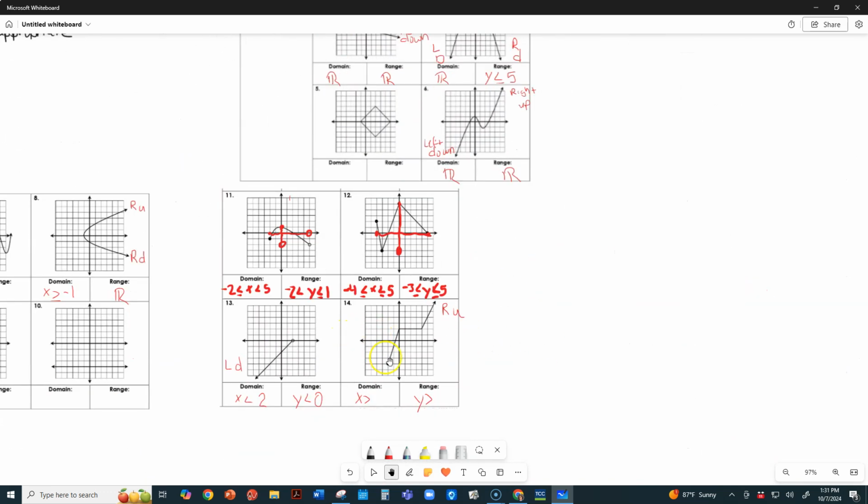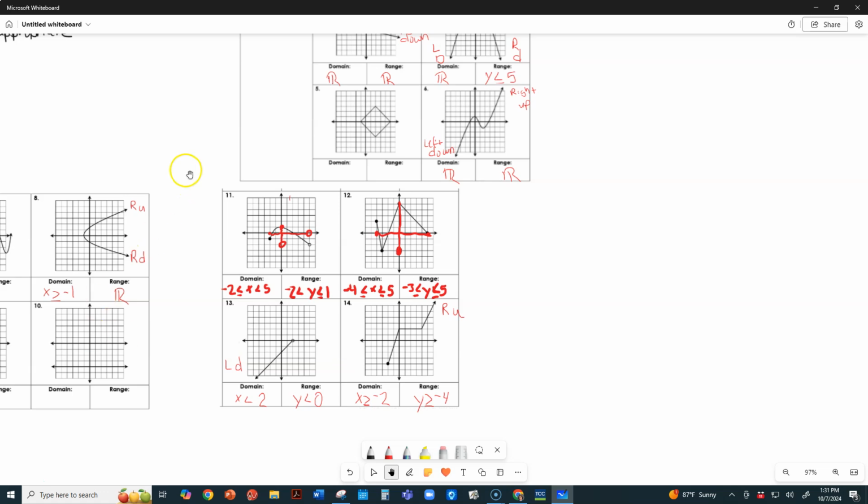When I move left to right, there's the starting point right there, the most left point. It looks like it starts at -2. That's the x value. What's the y value at that starting point? The y value is -4. Do I put a bar underneath either one of these? Yes, I do. Why? Because this dot right here, the starting point, is a solid dot. So they both get a bar.